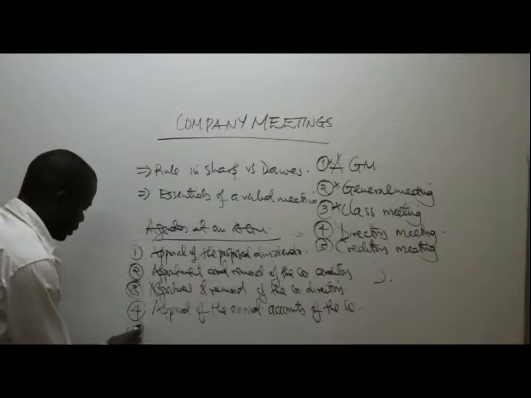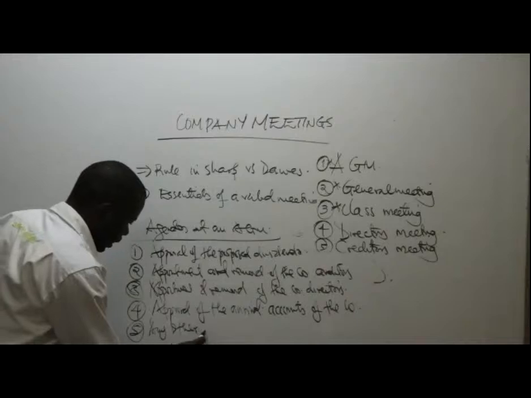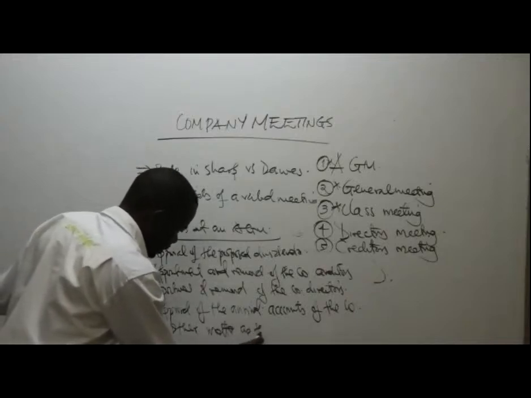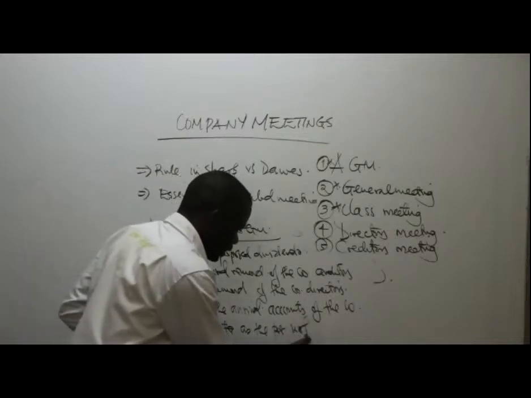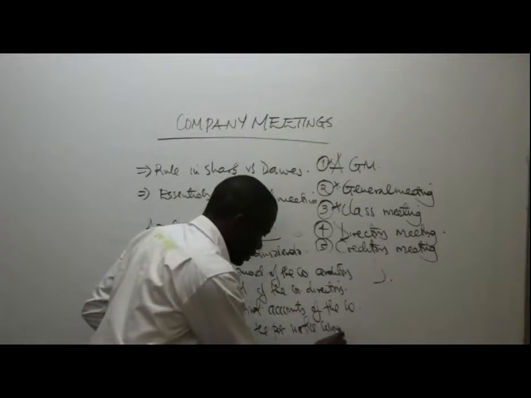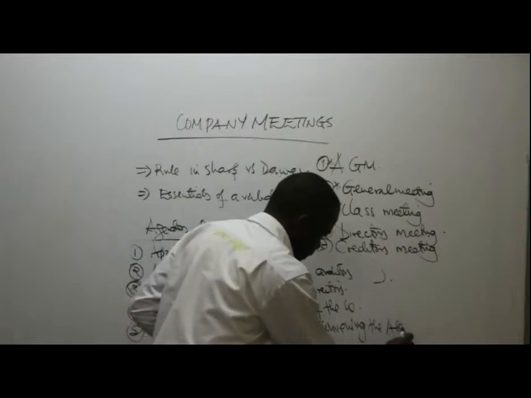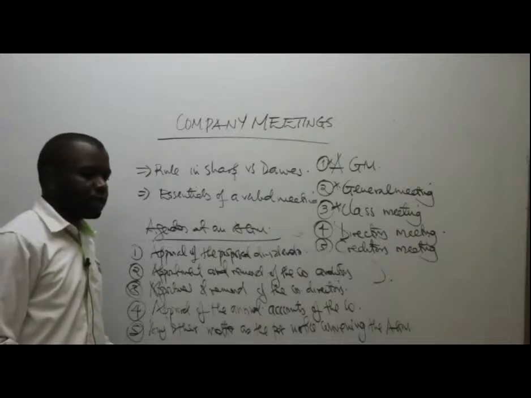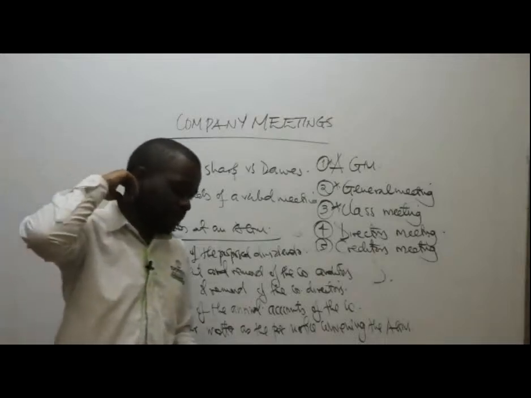Then maybe the last one, any other matter as per the notice convening the annual general meeting. So they can discuss any other matter so long as it was among those agendas that were listed in the notice sent out by the company.